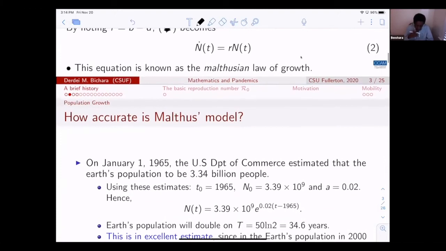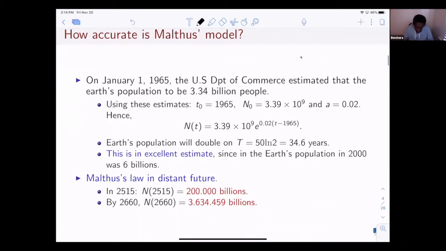In 1965, the US Department of Commerce tried to estimate the growth rate of the population, which happens to be 2%. At that time, the Earth population was 3.34 billion.